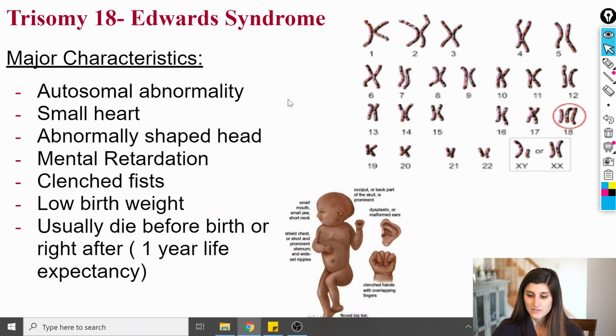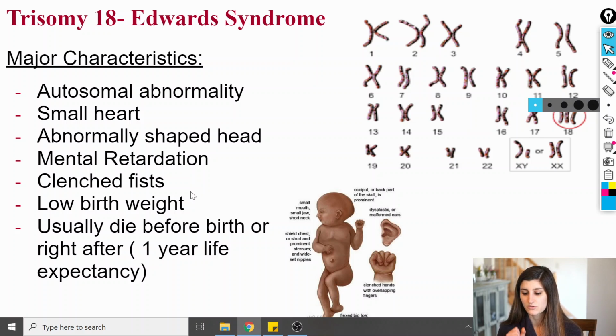Trisomy 18, this is Edwards syndrome. This is when an individual has 3 chromosomes at 18. This leads to a lot of issues. If the baby is even born, it might not even survive to birth. But this is autosomal. This is where a really small heart develops, abnormally shaped head, mental retardation, clenched fists.